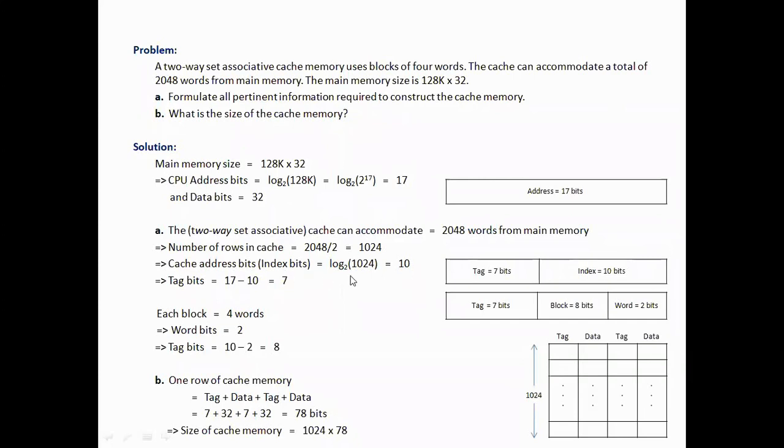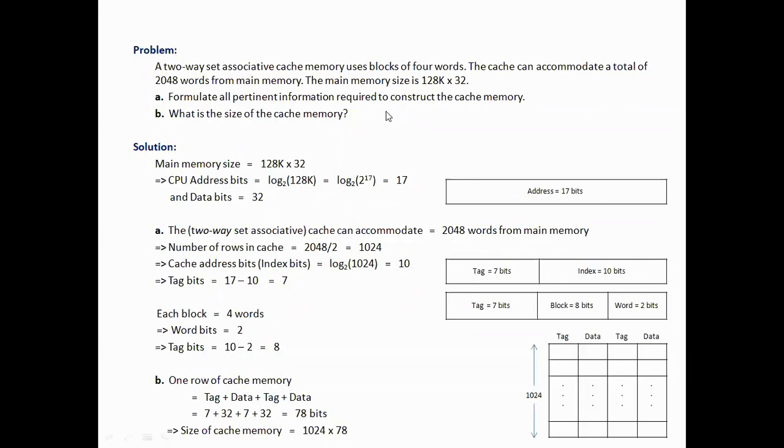So we have found the index bits, it is 10. Out of these 17 address bits, 10 are for index. So automatically the remaining will be for tag, which will be 7. 17 minus 10 is 7.